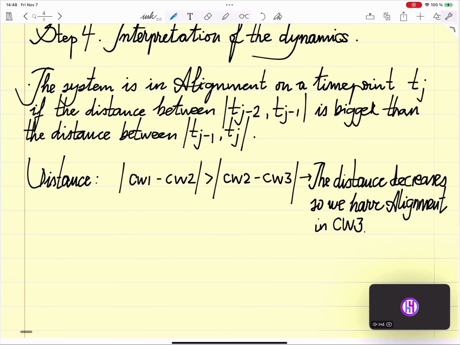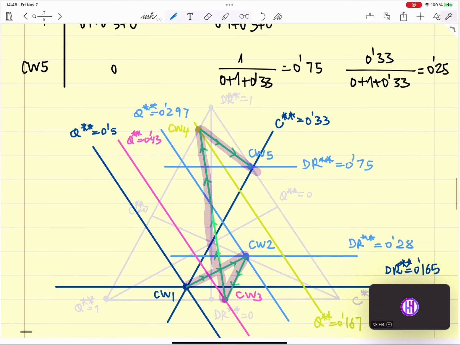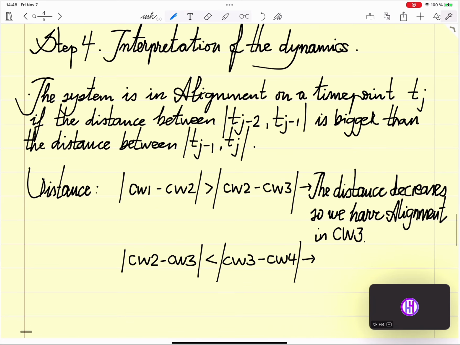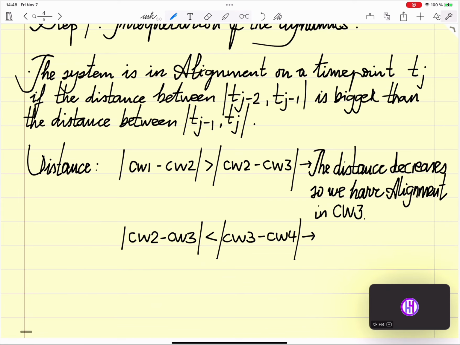Okay. The distance between calendar week number 2 and number 3 is smaller than the distance between calendar week 3 and calendar week number 4. Look at the graph, okay? This distance is smaller than this distance. The organization makes a big jump, so there is no alignment in calendar week 4.